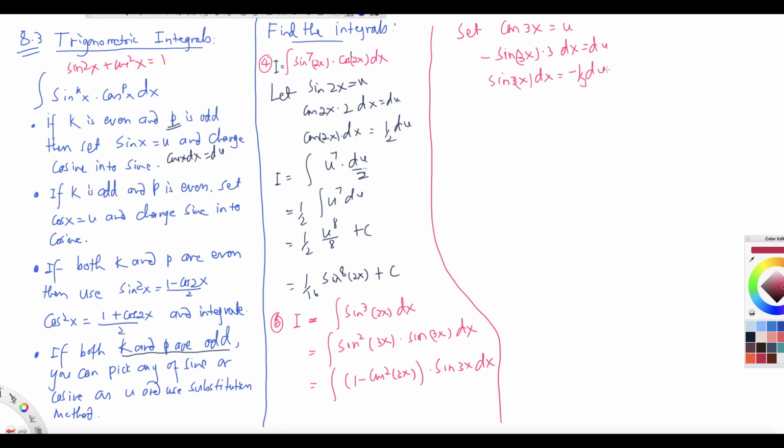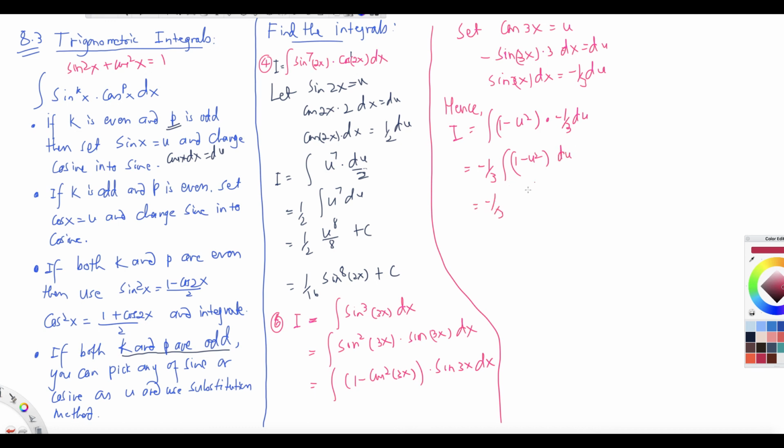Does that make sense? Now therefore the integral I is equal to, you can write, 1 minus u squared. You see that? And that sine 3x dx will be negative 1/3 du. So let me pull that negative 1/3 out because that's the multiplier. What do you get? Negative 1/3 times the integral of 1 minus u squared du.